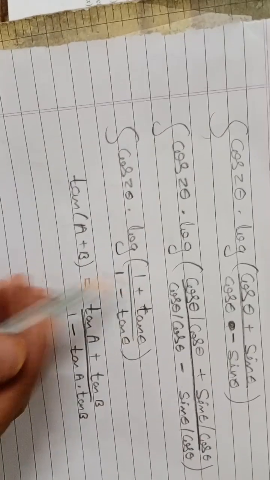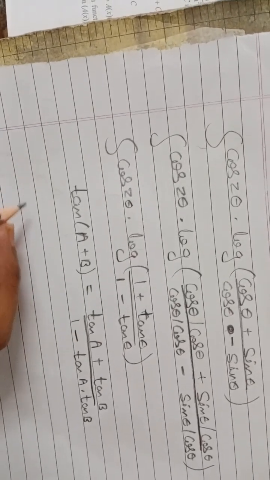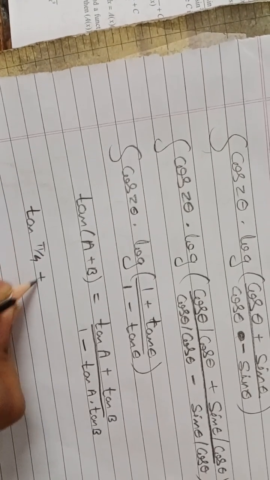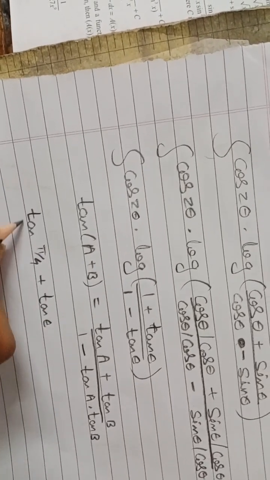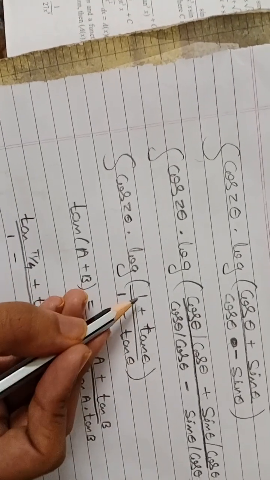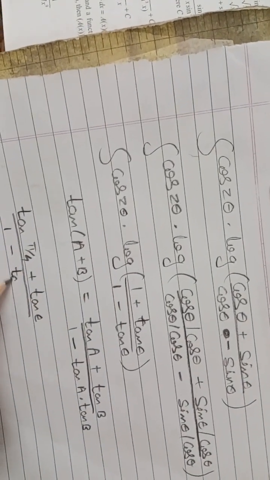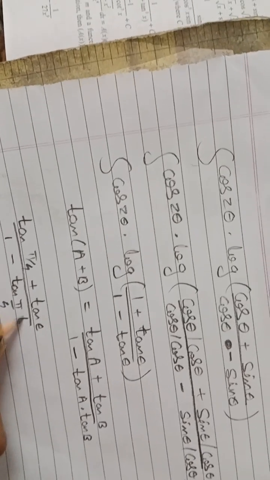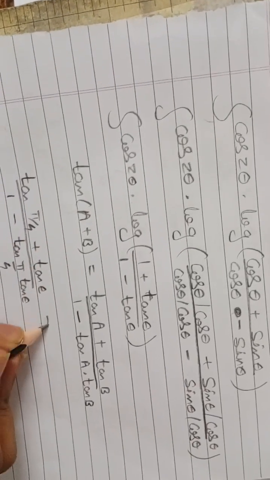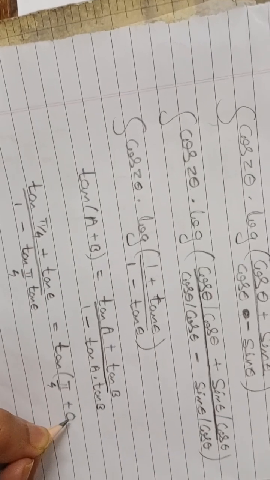So if we need to write this, we have to write it like this: tan of pi by 4 plus tan of theta, whole divided by, keep the one as it is, minus, by the way, tan of pi by 4 is just 1, so this is going to be this only. This term right here is going to be written like this. It is equal to tan of pi by 4 plus theta.